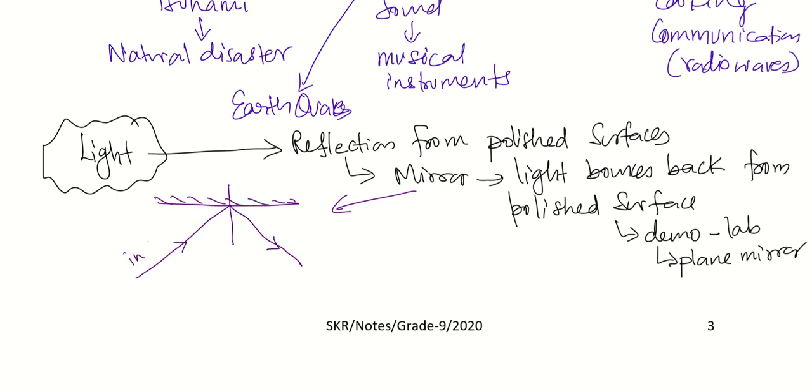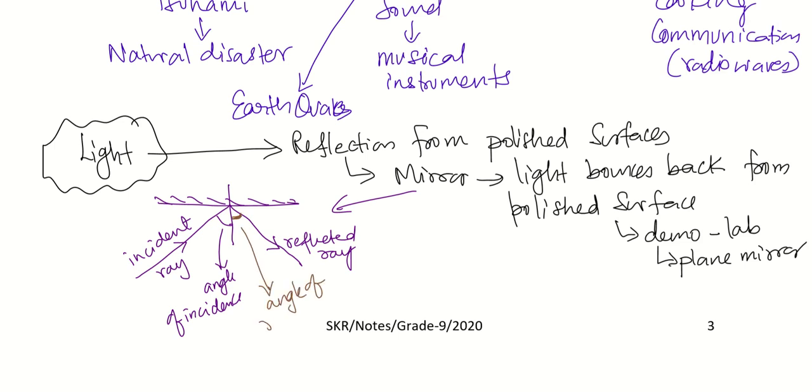So this was your incident ray, this was your reflected ray, and this angle we called the angle of incidence, and this one we called the angle of reflection. So in this case your angle of incidence is always equal to the angle of reflection. That's what we have verified in the lab.